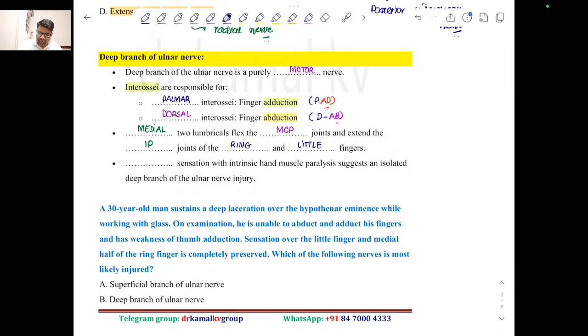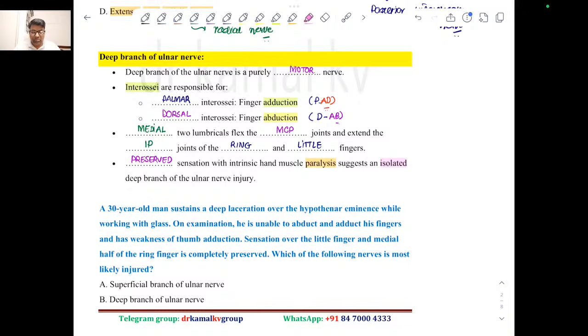Clear? That's very important. And since the deep branch of the ulnar nerve is a purely motor nerve, there will be normal sensations. So preserved sensations with muscle paralysis suggest an isolated injury of the deep branch of the ulnar nerve.